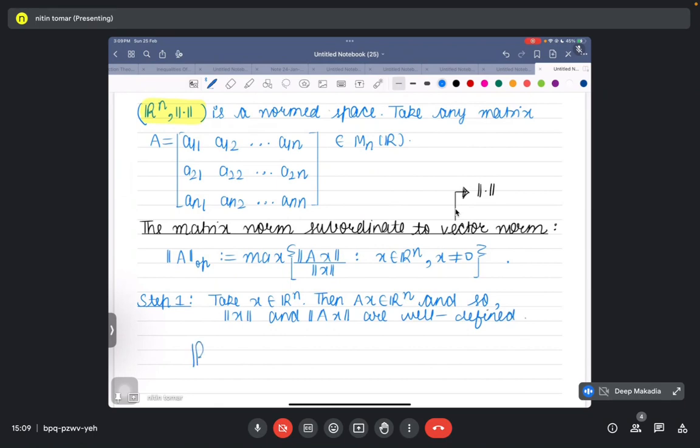Because on Rn we have taken some arbitrary norm which we are denoting by this. So now that x belongs to Rn, I can talk of norm x, and also Ax belongs to Rn, then I can talk of norm Ax. Am I correct?